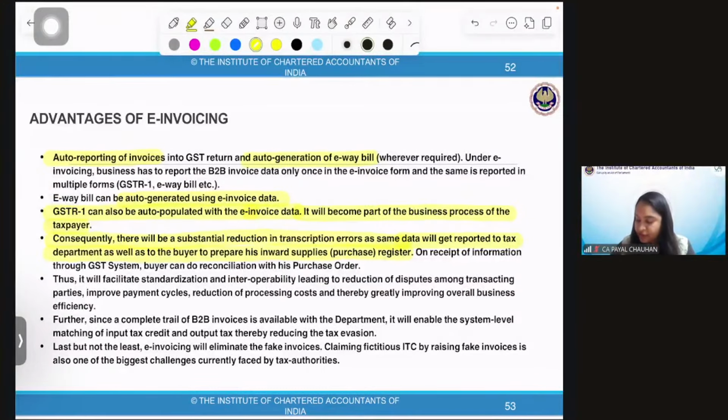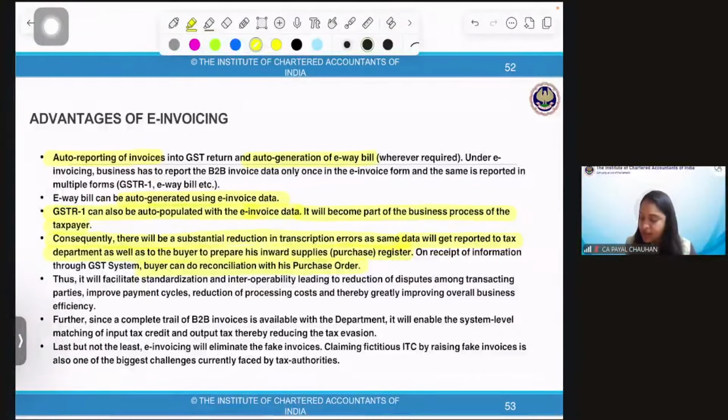On receipt of information through the GST system, the buyer can do reconciliation with the purchase order. But of course, if machines are involved, they'll not have any kind of error. If I have reported sales of lakh rupees, then Navneet will have a purchase of lakh rupees, which has been authenticated by the department. So this will avoid transcription errors.